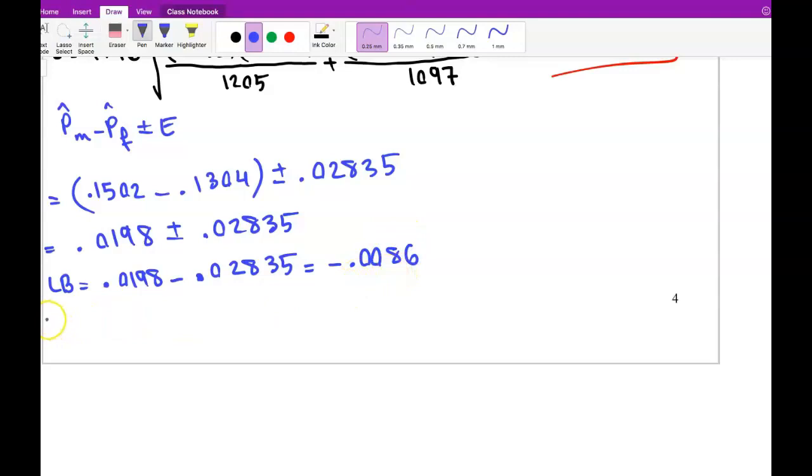Okay, and then upper, adding these two. So that is equal to 0.0482.